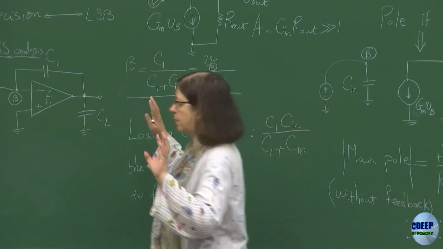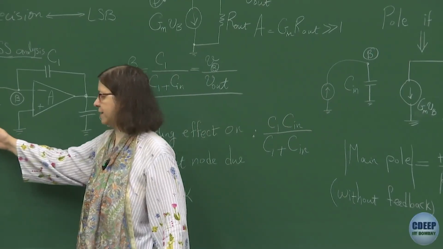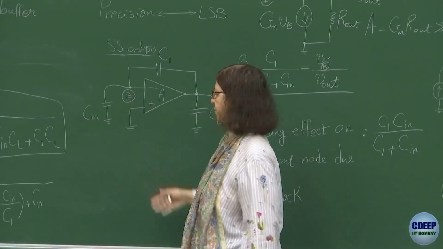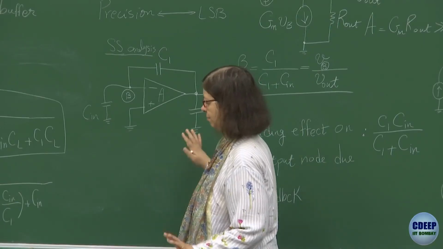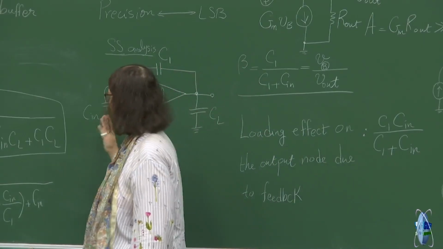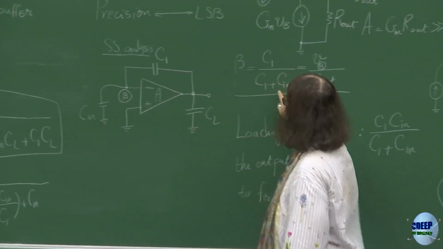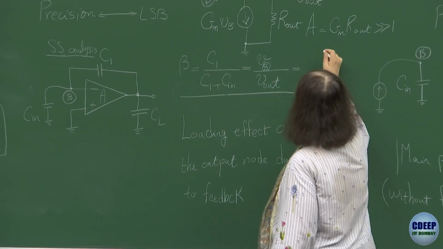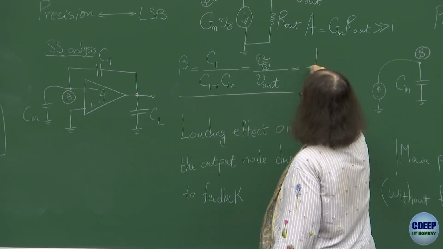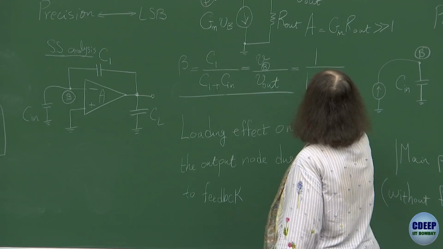Okay, suppose hypothetically I could have made this Cin 1 femtofarad, and still somehow get that feedback factor. The problem is that to get that feedback factor, I need to have this ratio maintained. Now, if you look at this, it is eventually 1 plus Cin upon C1.